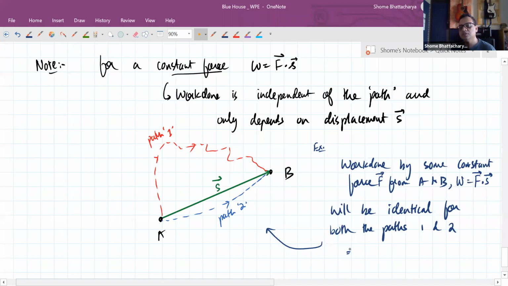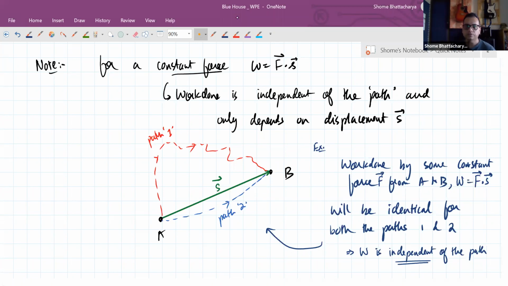So this is showing you that the work done is independent of the path. Hope this point is also clear to all of you.